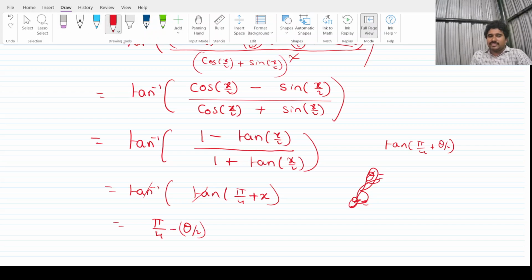Good. It is minus. Understand? It is minus in the numerator. So tan pi by 4 minus theta by 2. Not theta, it is x, sorry, because we didn't take any assumption. It is x by 2. Understand? Pi by 4 minus x by 2. Please remember this: pi by 4 minus x by 2.